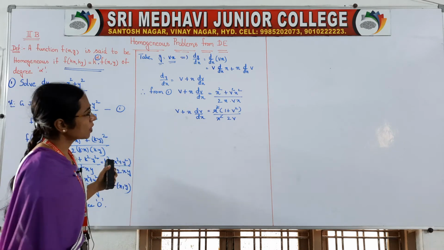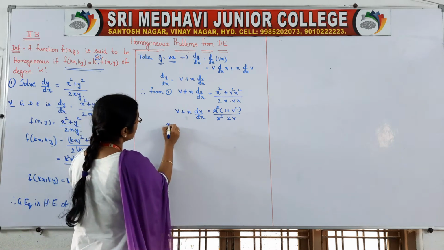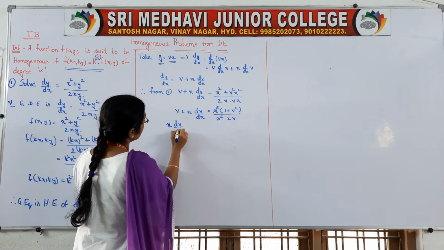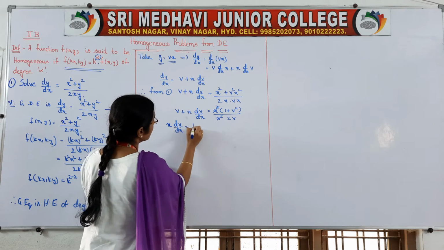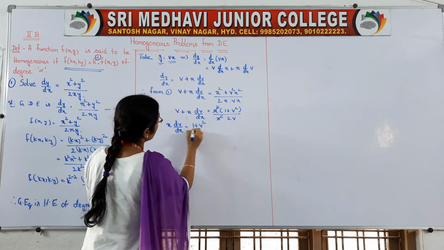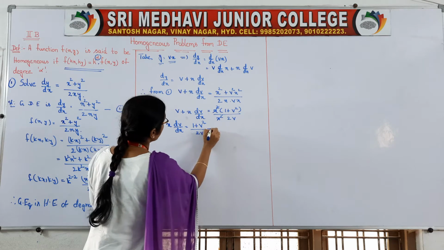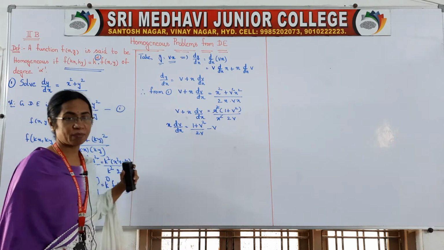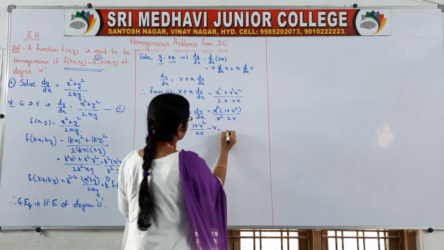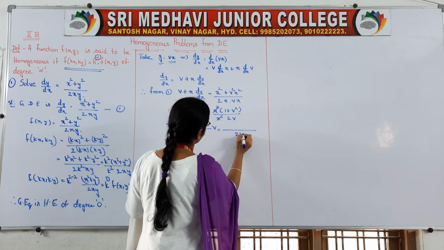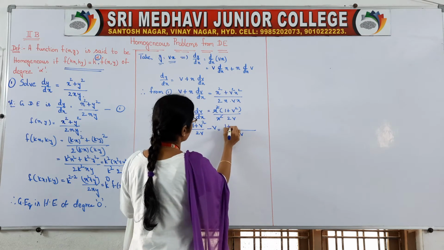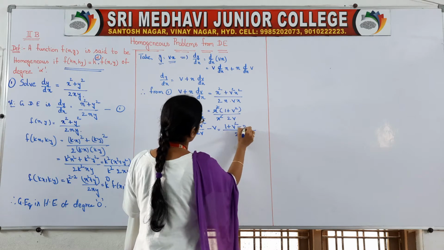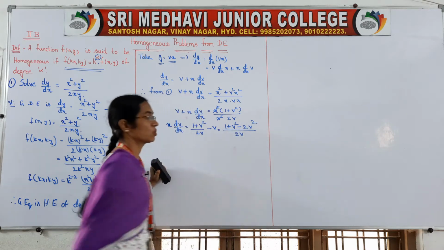Okay, so now x dv by dx is equal to 1 plus v square by 2v minus v. So taking the LCM as 2v, 1 plus v square minus 2v square.